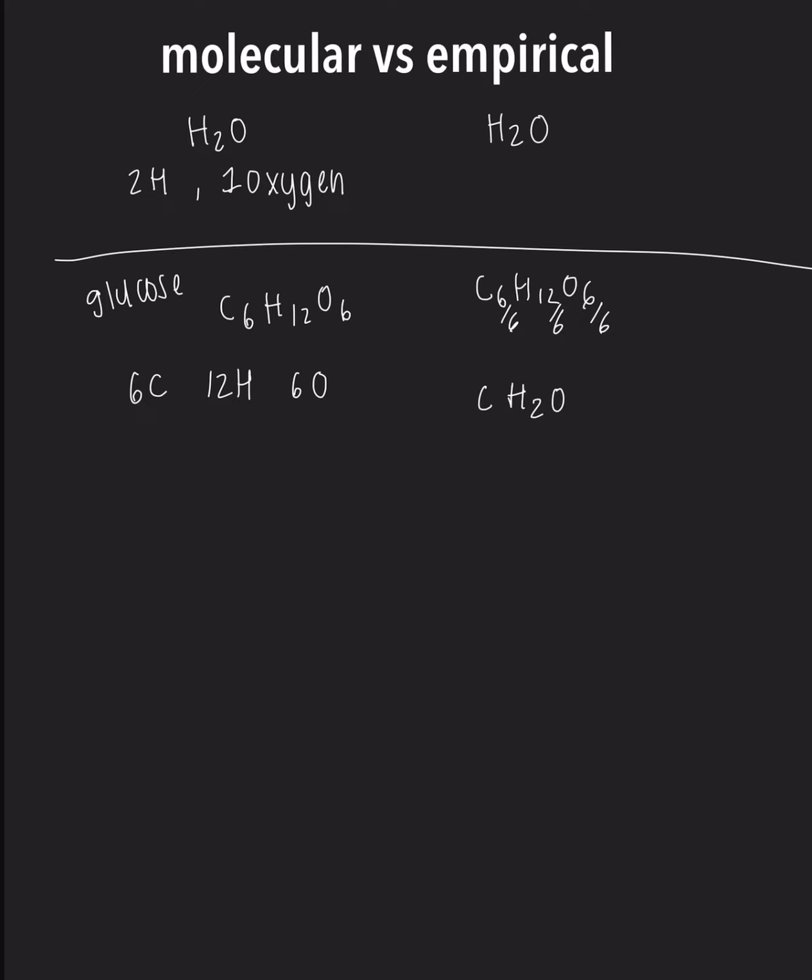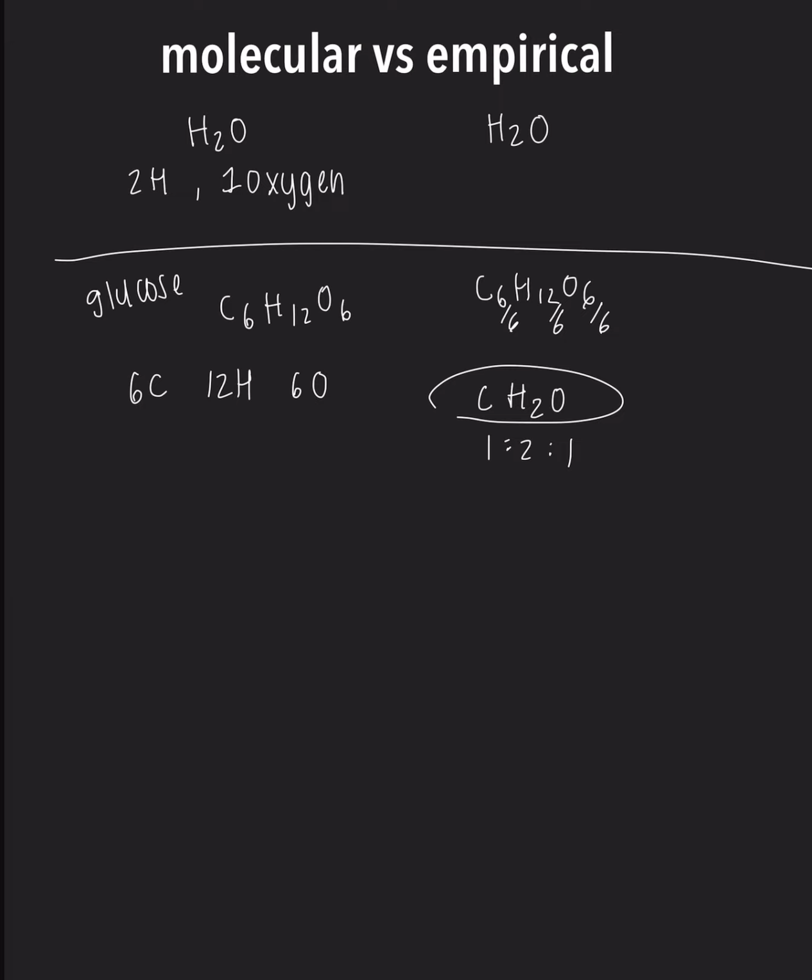So my ratio is 1 to 2 to 1. I would write it like this, but I just want you to see it's giving the actual ratio. It's not telling me this is glucose. It's just saying that this is the ratio between the carbon, the hydrogen, and the oxygen.